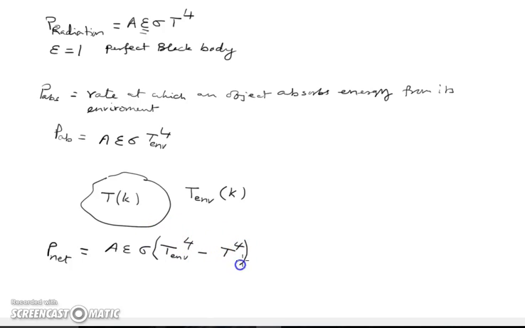Let's put it in a box. What it means is that P net is going to be positive if the net energy is being absorbed by radiation, and negative if it is being lost by radiation.